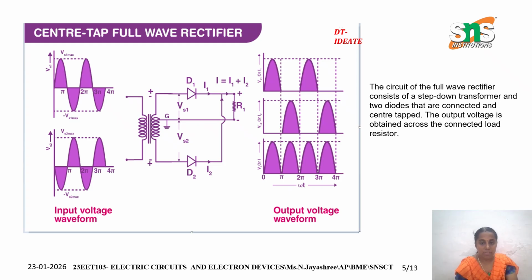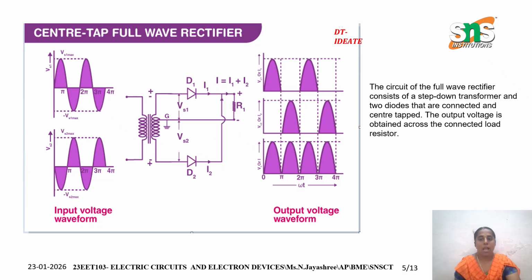So finally we get the output as continuous half cycles at the end of the full wave rectifier circuit. This is the center tap transformer, which can be connected together like this. It is connected to ground and the load is connected to the diodes. D1 and D2 are connected at the top and bottom of the circuit. We get I equal to I1 plus I2. So this is the full wave rectifier circuit, which gives the output as continuous half cycles for all periods of time.